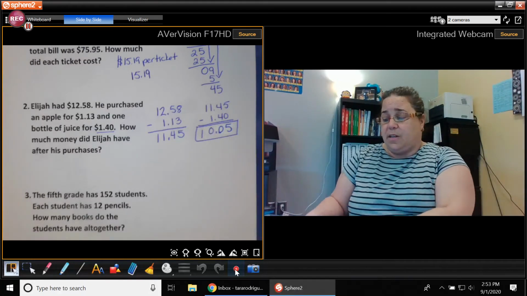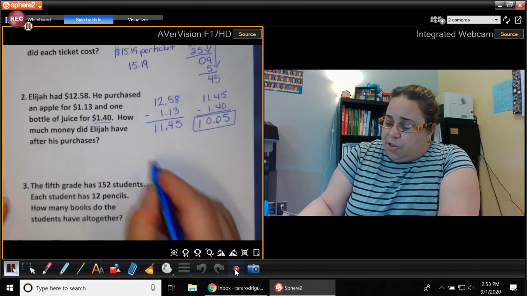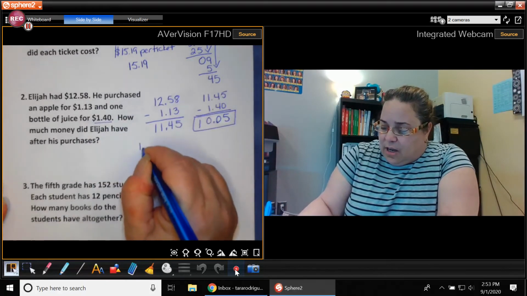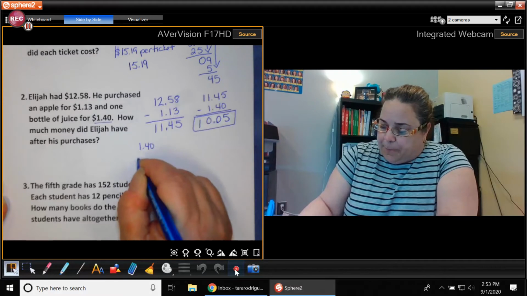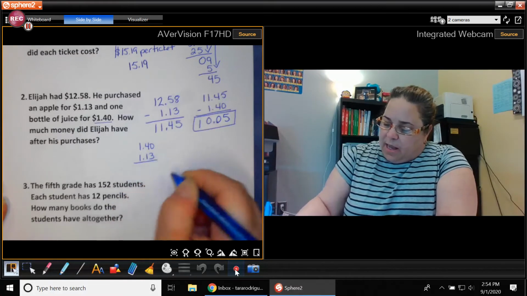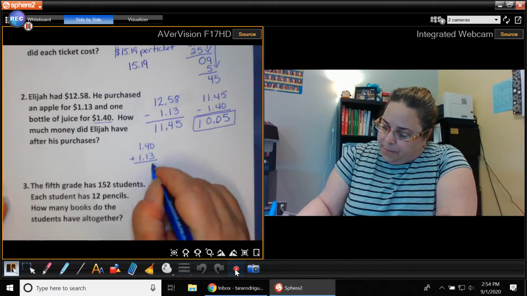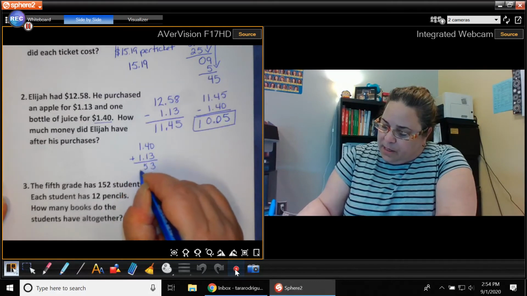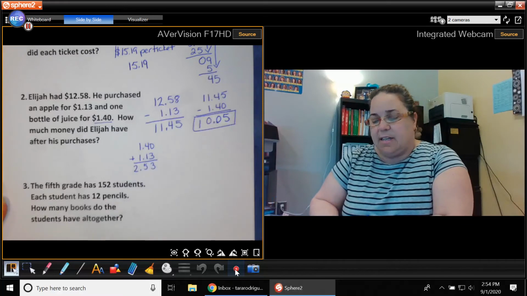The second way to solve it could have been to add $1.40 and $1.13, and then I would get $2.53.